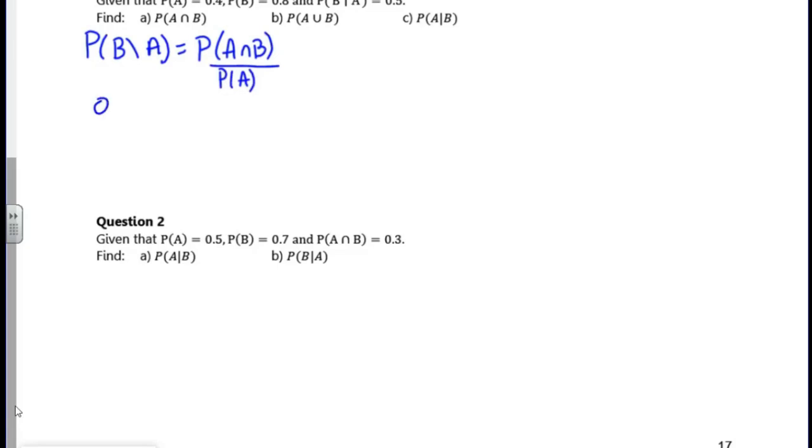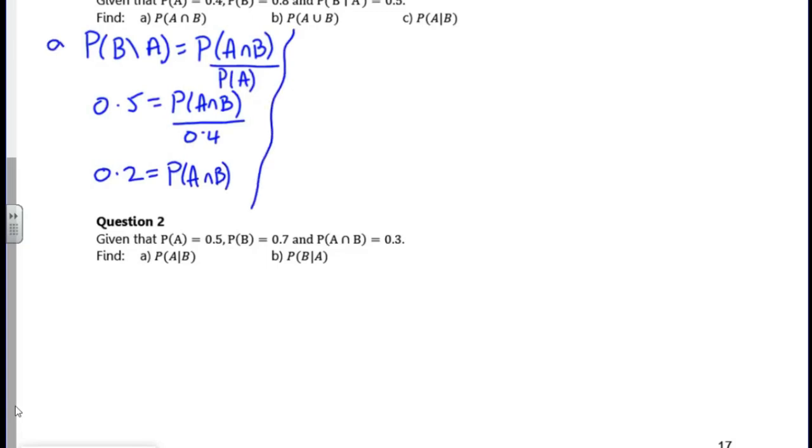So my 0.5 is the probability of A and B divided by 0.4. So if I multiply it up, that gives me 0.2. That's part A done.